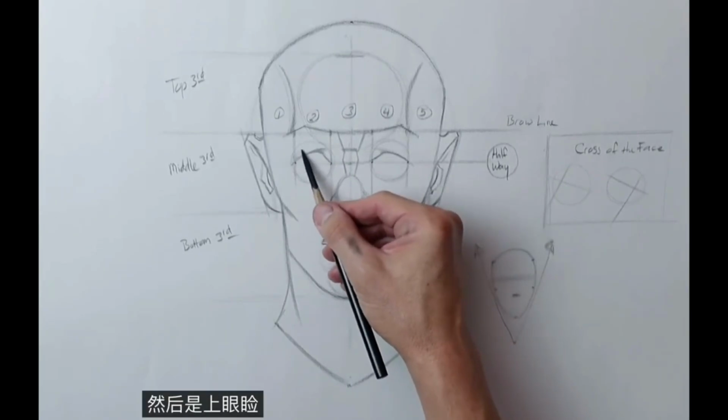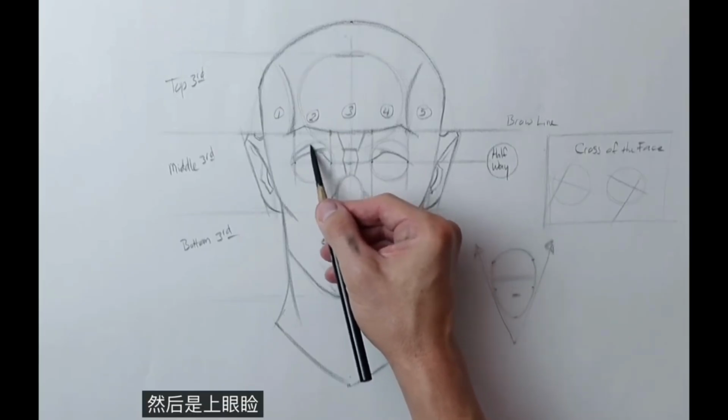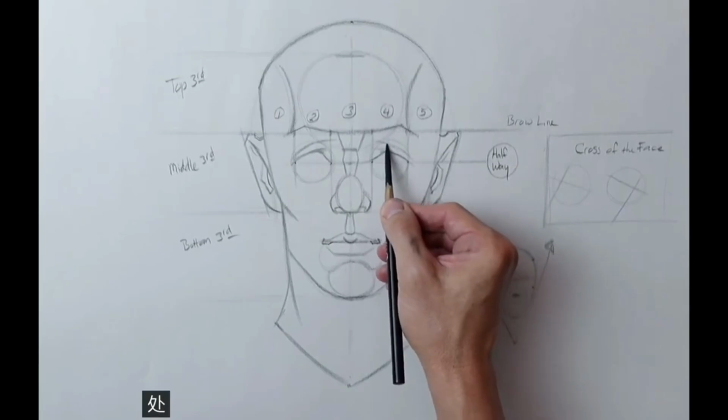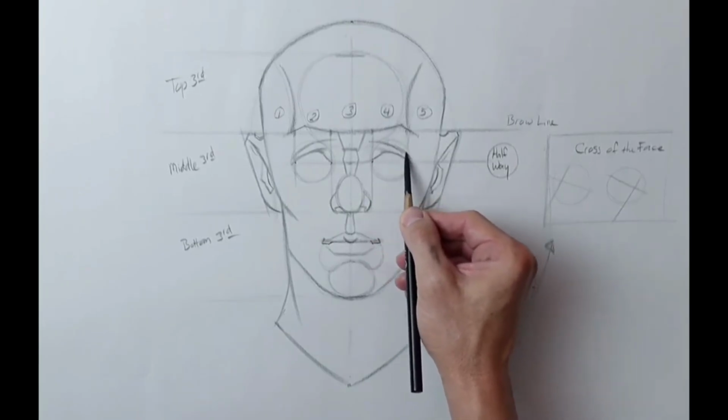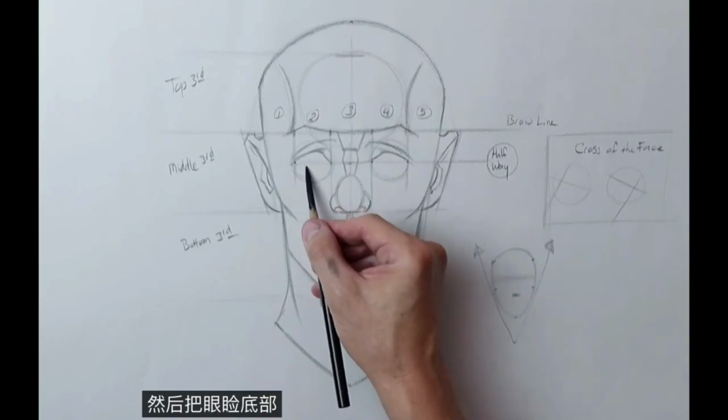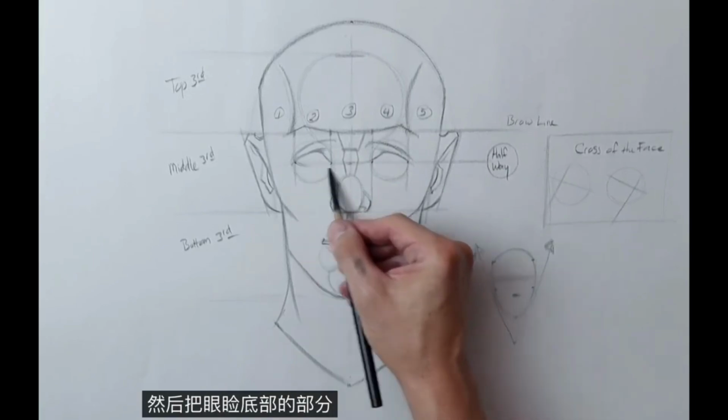And the inside rhythm, like so, from side to side. And then the upper eyelid, like that, come over. And then the bottom portion of the eyelid, side to side.